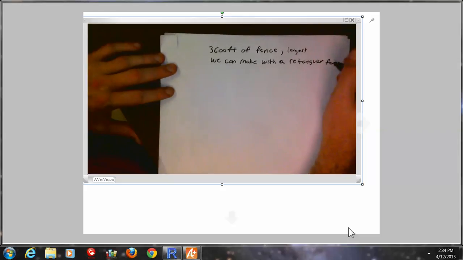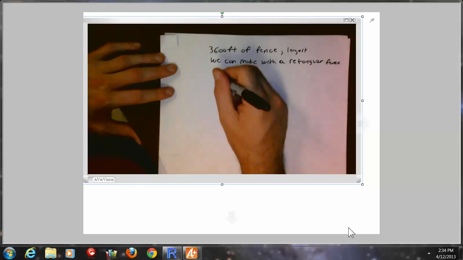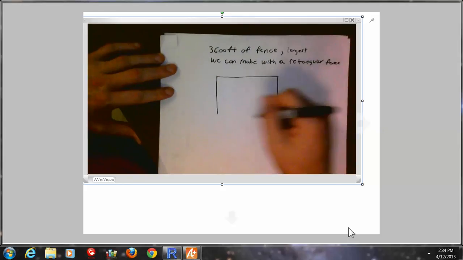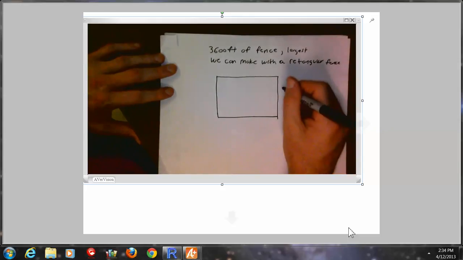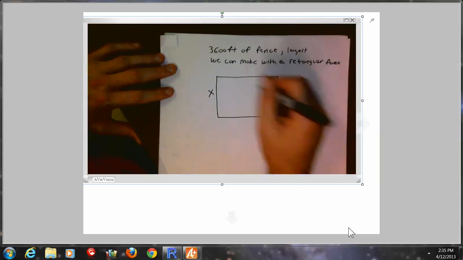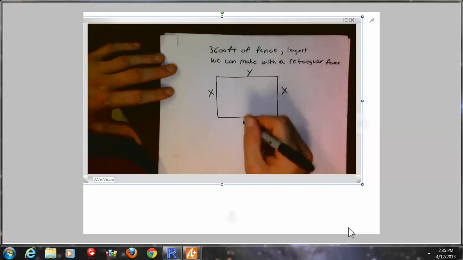Okay, so we're going to start out by drawing it. We're just going to draw a rectangle. What makes it a rectangle is parallel sides have the same length. So if this side over here is x, this side will also have length x. And if this side has length y, this side would also have length y.